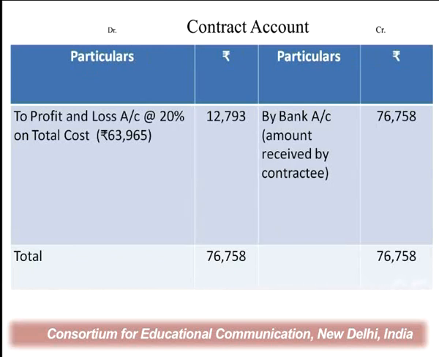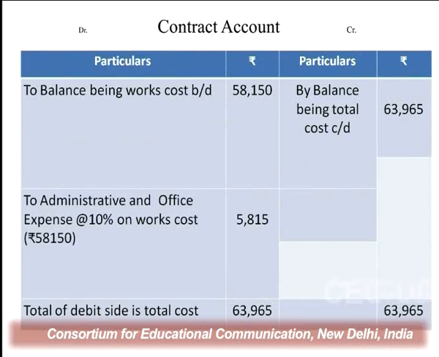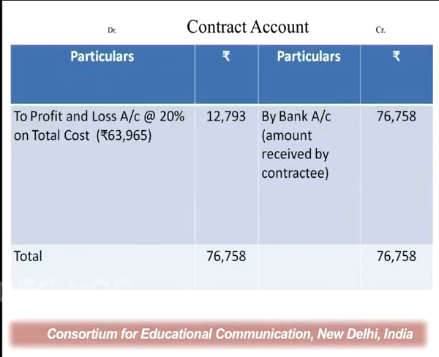So on the bank account side, what you are showing is that 20% of the total cost is shown as profit. So the profit on the total cost of 63,965, you add 20% of it, which comes to be 12,793, right?